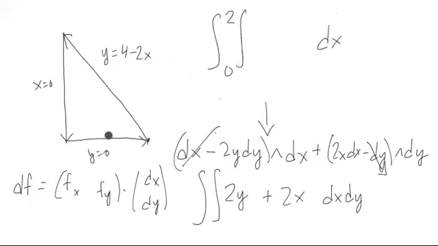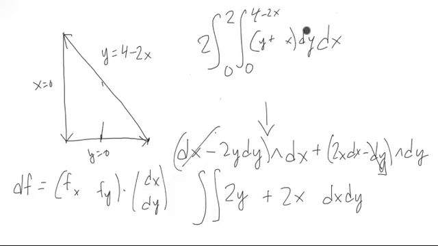If we're given x, y will go from 0 up to this value right here, 0 to 4 minus 2x, and then we simply have 2y plus 2x dy. We could factor out the 2 if we wanted to. And so then we just have y plus x in there, with a 2 factored out here.